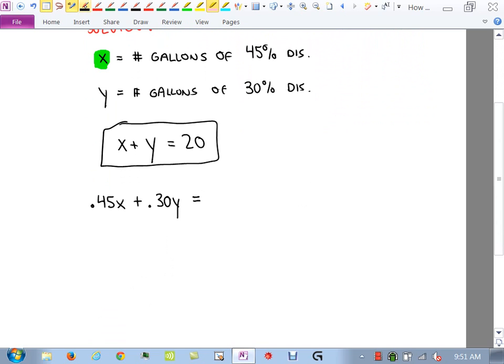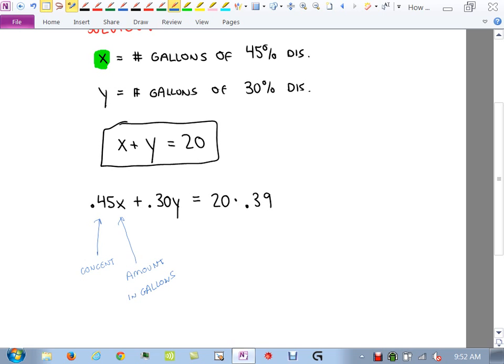So I put 20 times 0.39. And I'll just draw a little arrow here. This is the concentration times the amount, and in this case, in gallons.